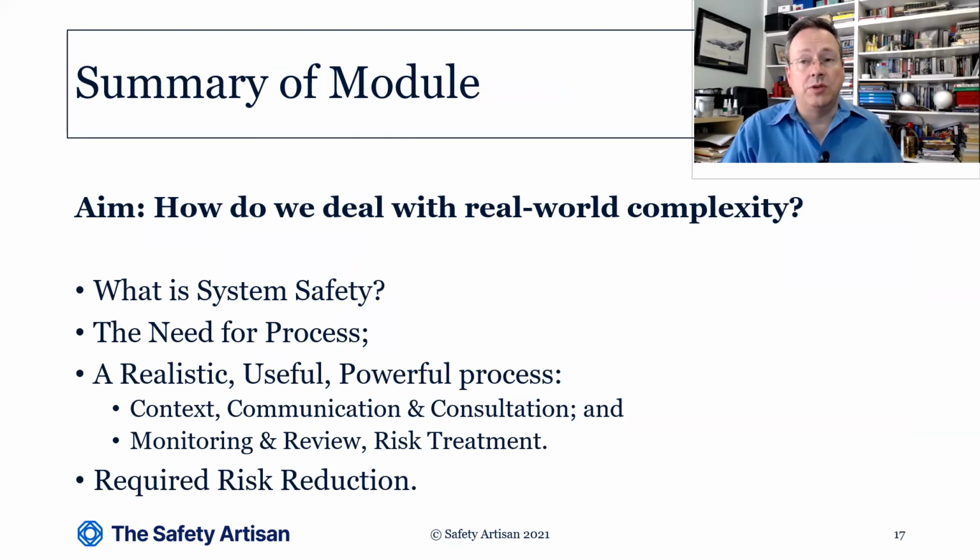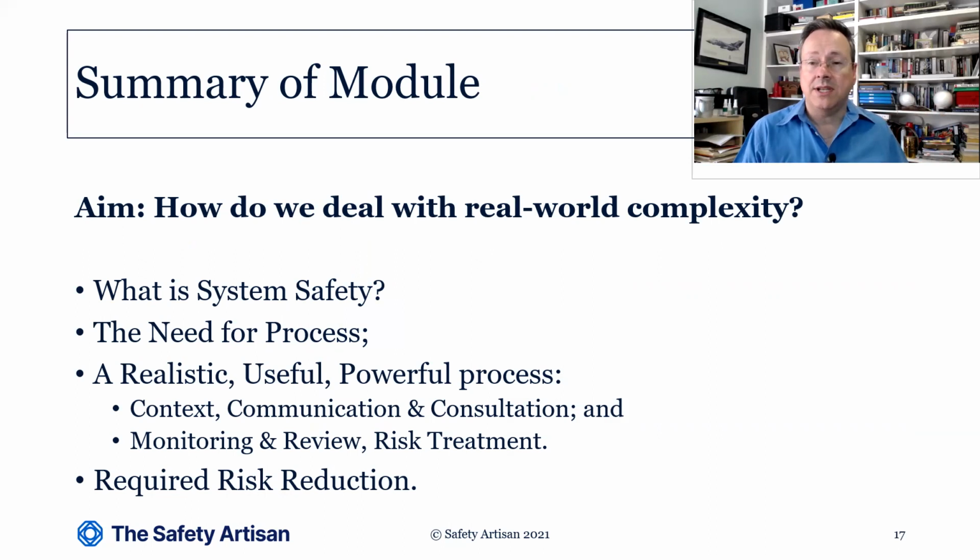So in module 2, we've asked ourselves, how can we deal with real world complexity? And one of the ways that's been developed to do that is called system safety, where we take a systematic approach to safety. Both the system itself, the product we consider as a system, and the process that we follow is a systematic process. So we address product and process.